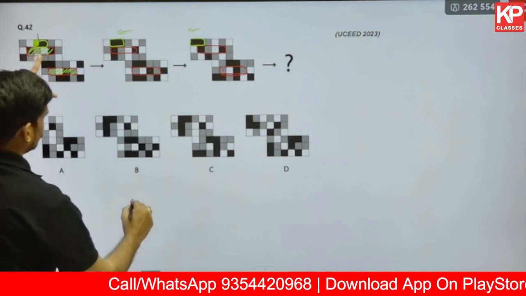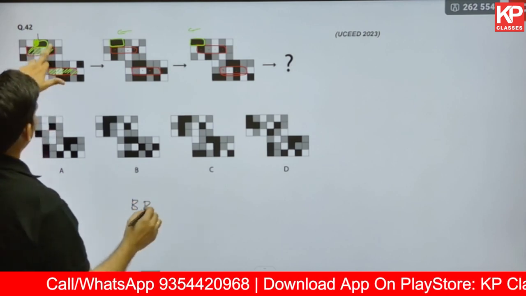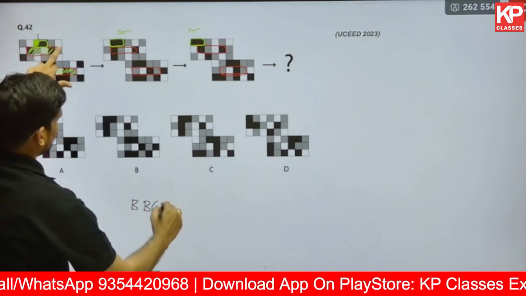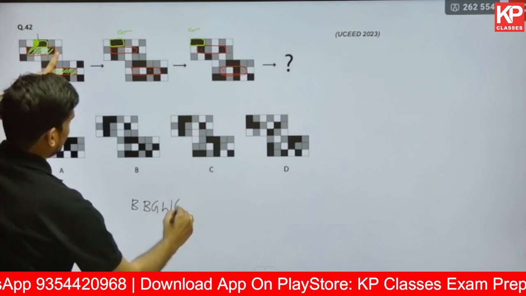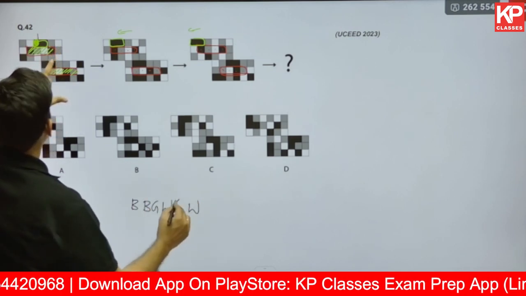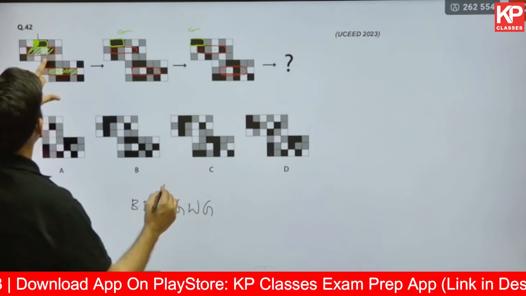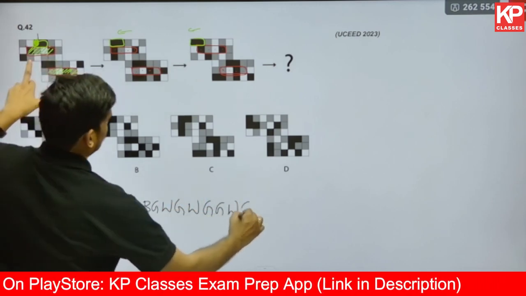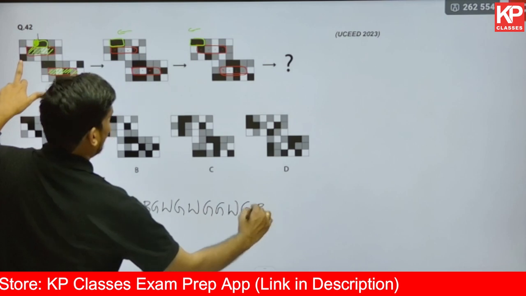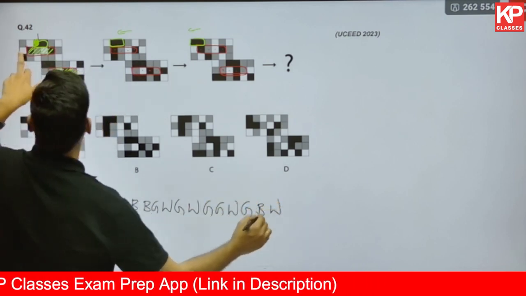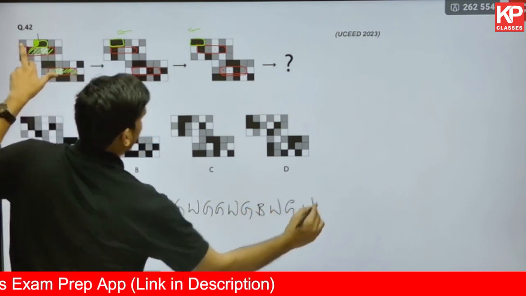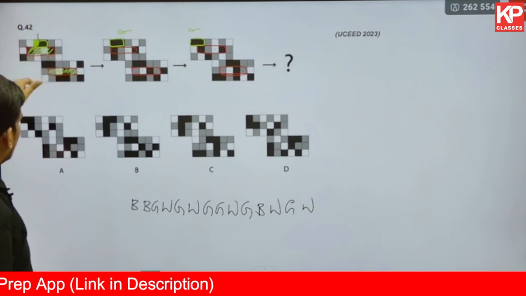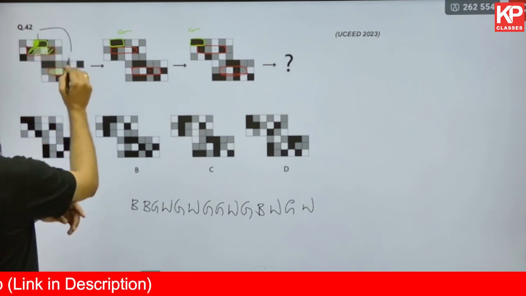From here, it is black, black, then you have gray, then white, then gray again, then white, then gray again, white, gray, black, white, gray, white. So that's the complete sequence in this manner.